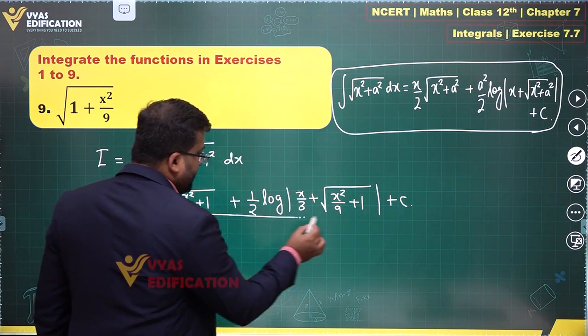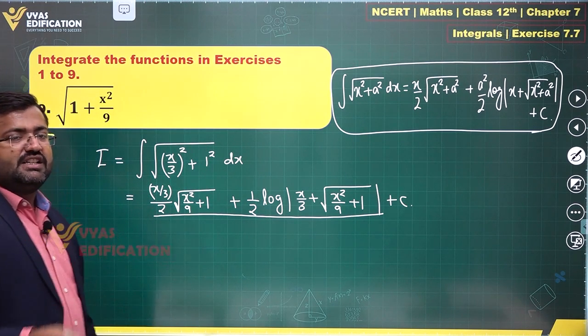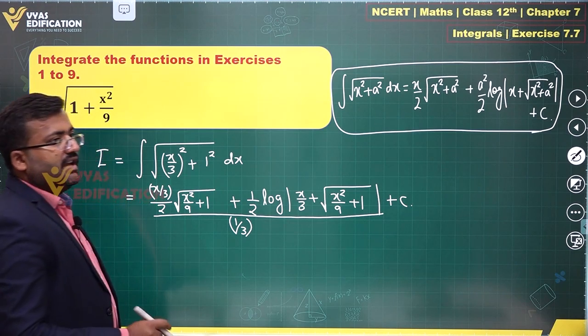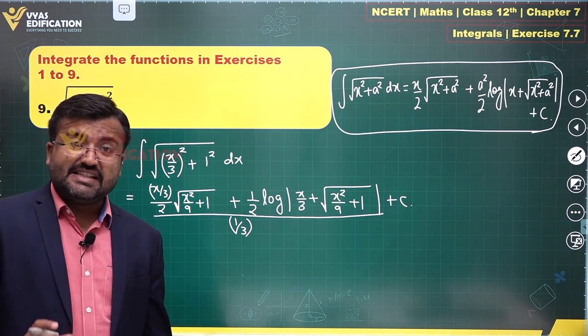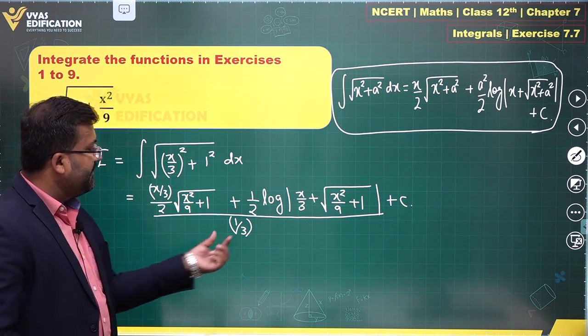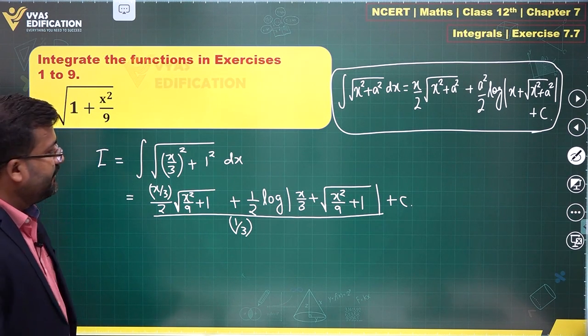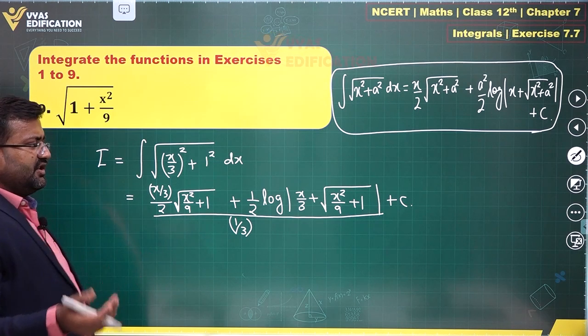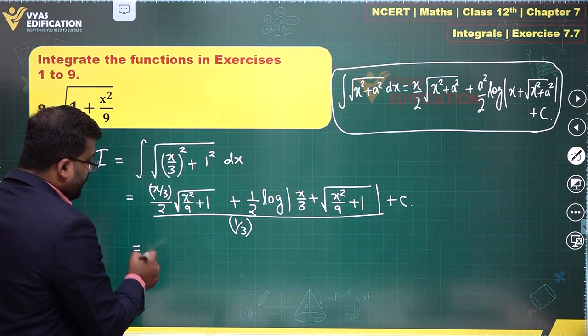This is what we see coming, but one important step: you need to divide this expression, except for that C, by 1 by 3, which is the coefficient of x. Since instead of x you have a linear function of x, divide by the coefficient of that linear polynomial of x. Once you do that, what do we get?